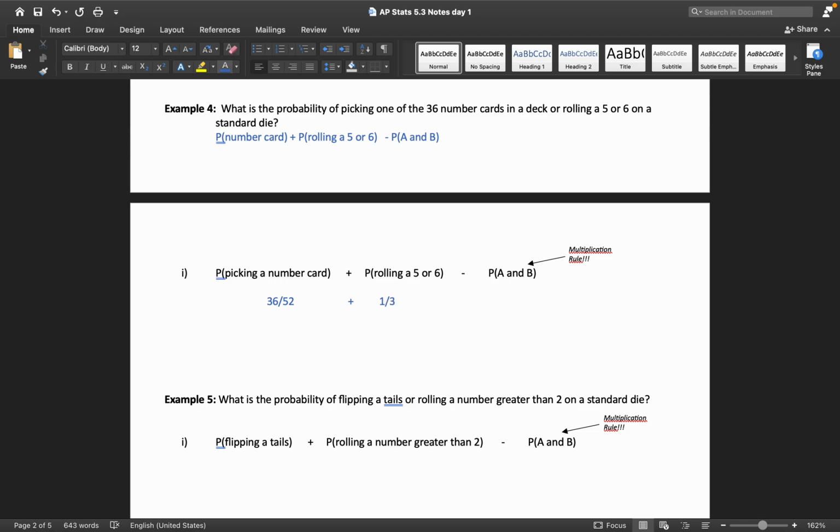So if I add those up, 36 out of 52 plus 0.3 repeating, we notice that these two together would be more than 1. So this is more than 100% chance, which means there's something wrong. We need to subtract something. We need to subtract the product of 36 out of 52 times 1/3.